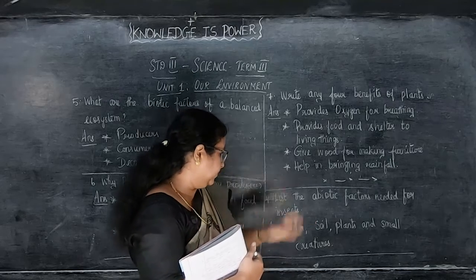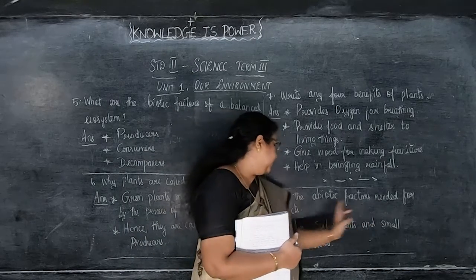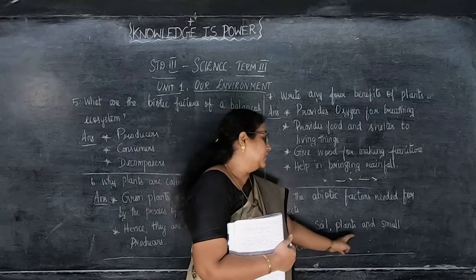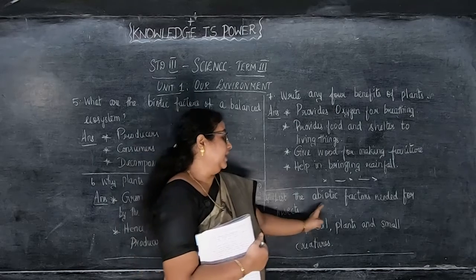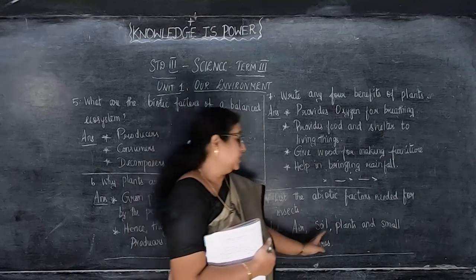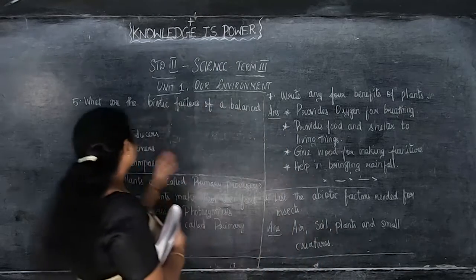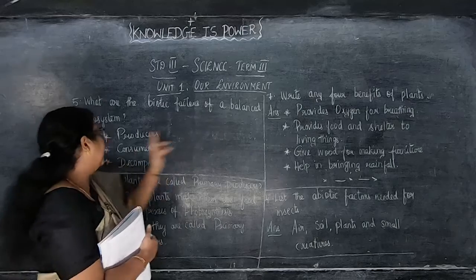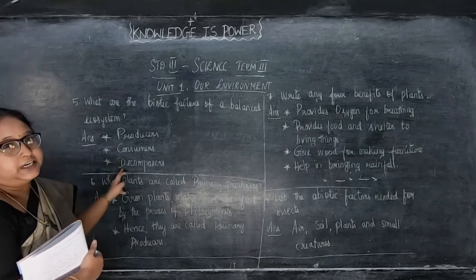So once again we'll read from the 4th question, children. List the abiotic factors needed for insects: air, soil, plants and small creatures. Then the 5th question, what are the biotic factors of a balanced ecosystem? Producers, consumers, decomposers.